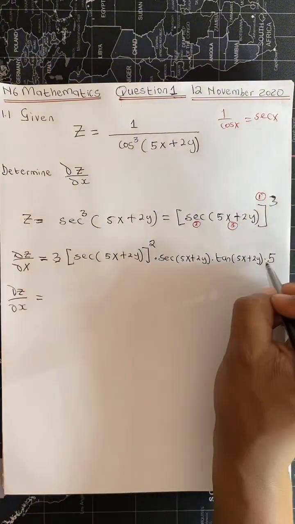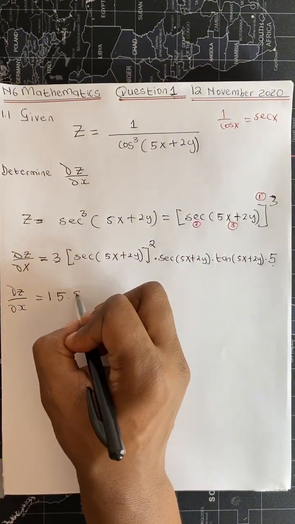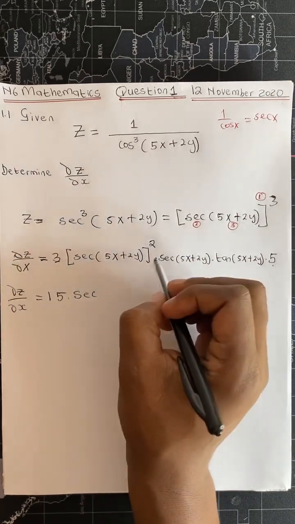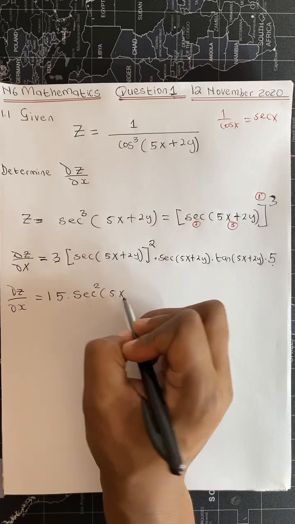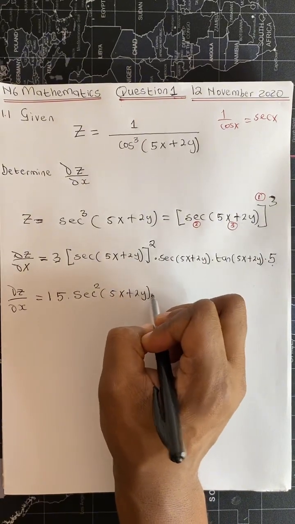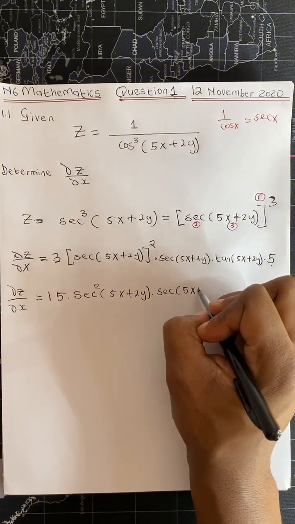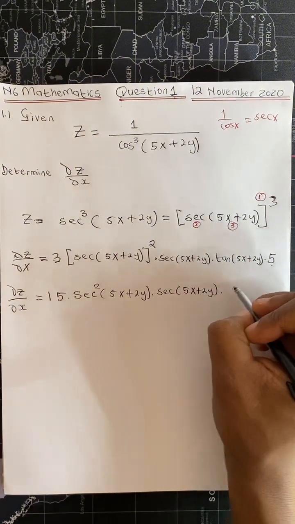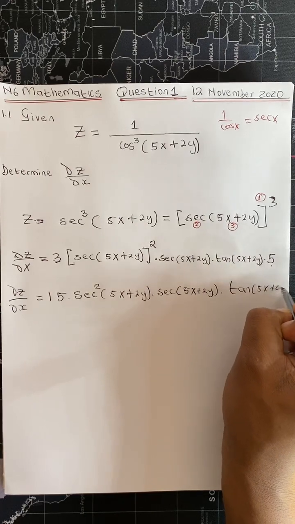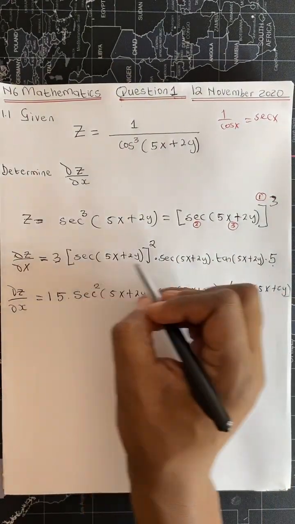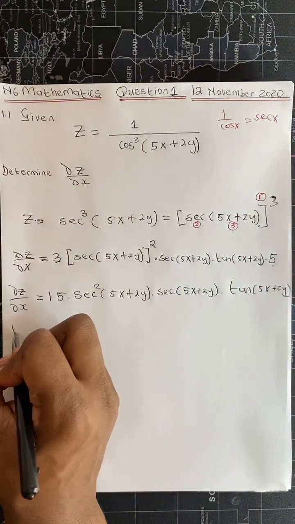So from here we can simplify this. This 3 multiplied by that 5 will be equal to 15 sec squared of 5x plus 2y, multiplied by sec of 5x plus 2y, multiplied by tan of 5x plus 2y. The derivative of sec is tan sec, which is available on the formula sheet.